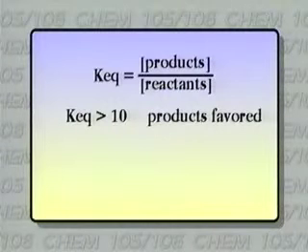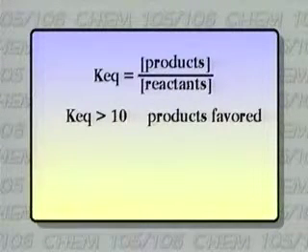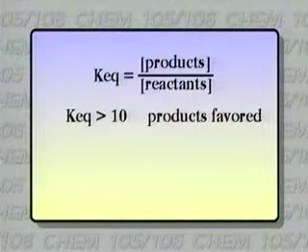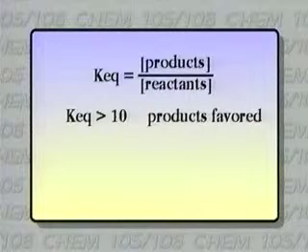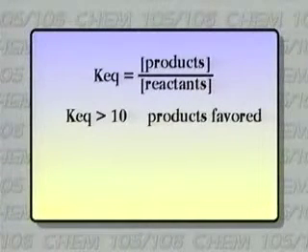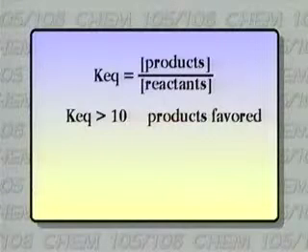So if the equilibrium constant is greater than 10, we say that the product side is favored at equilibrium. Means that we have a proportionately greater amount of products than we do reactants when this equilibrium has been reached.